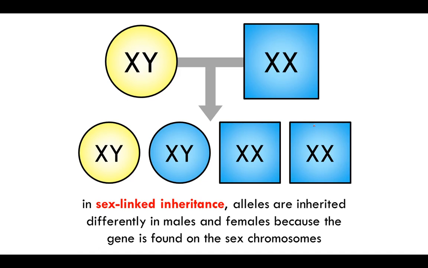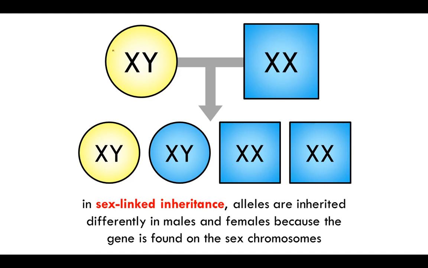So what happens here is that your biological gender, which chromosomes you inherit from your parents, determines whether or not you can inherit the alleles and get the traits. So the result is an unequal or skewed inheritance based on gender.